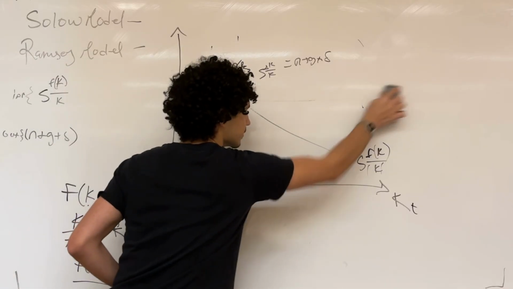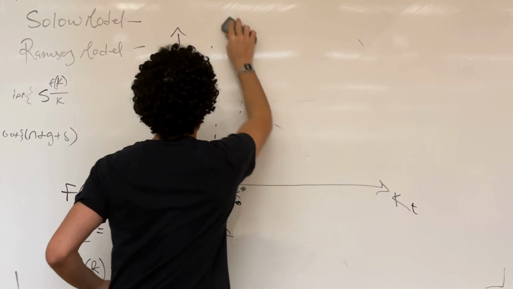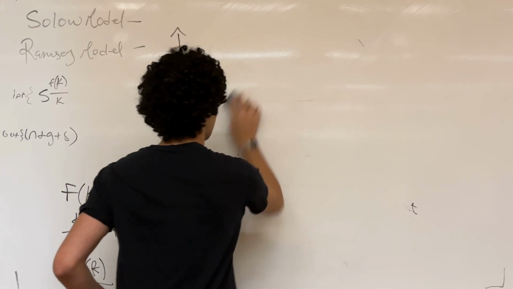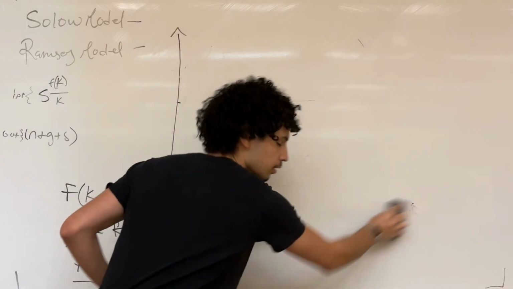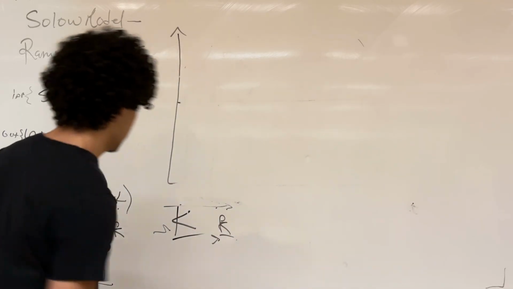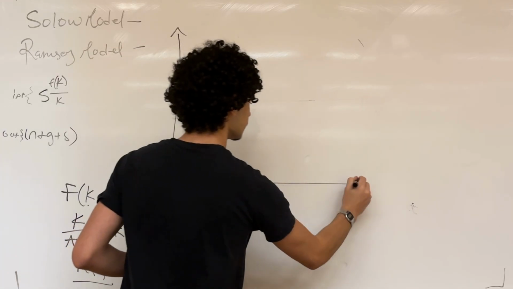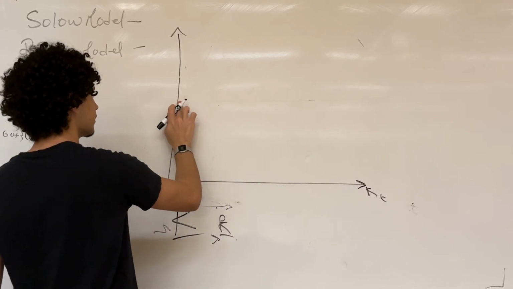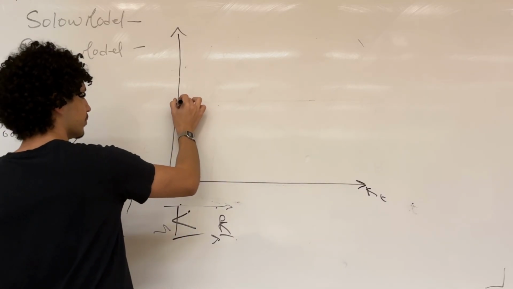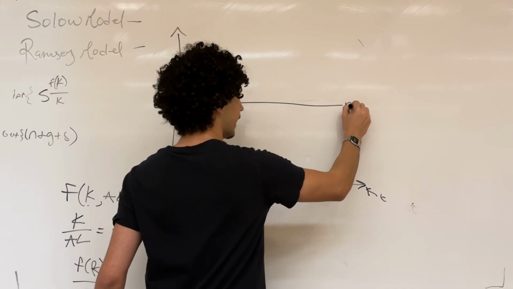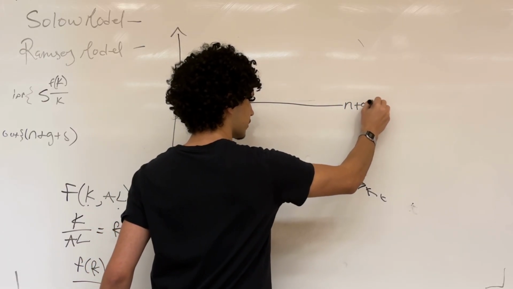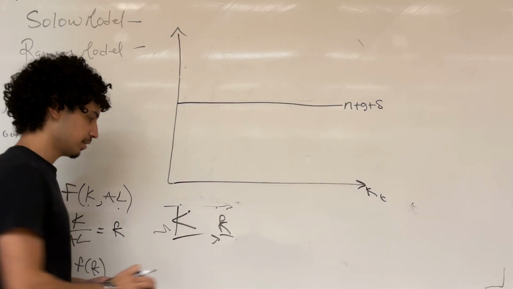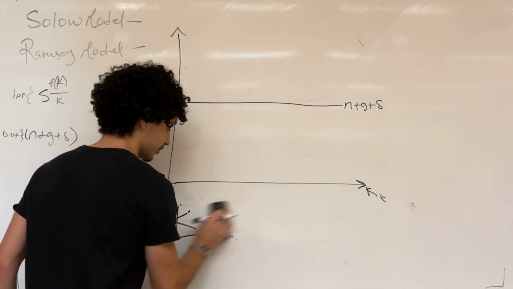A more realistic case is as follows. Let's assume both countries have the same parameters, meaning the same n plus g plus depreciation, which is already very generous to assume, because that's not true.